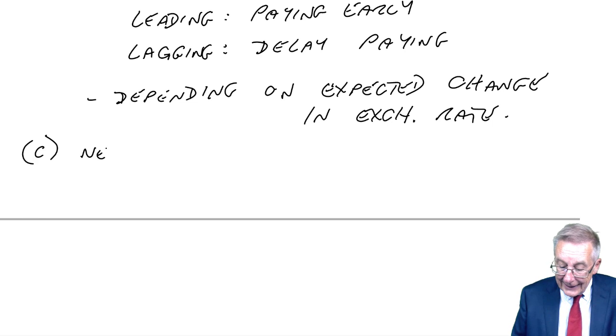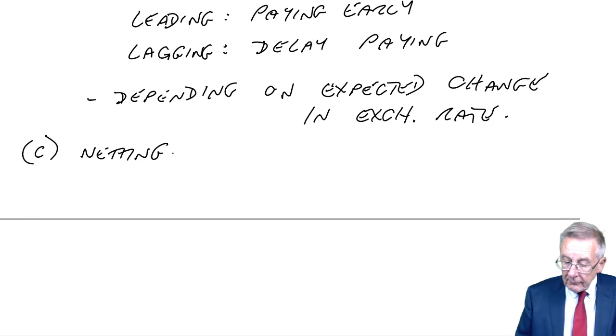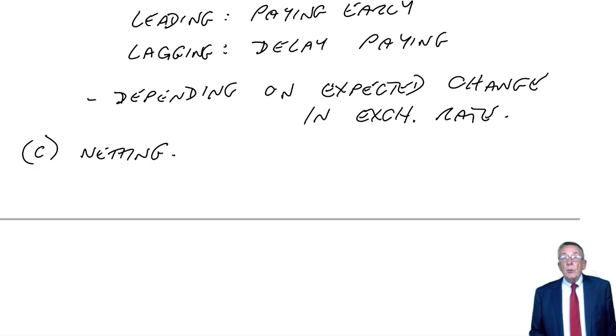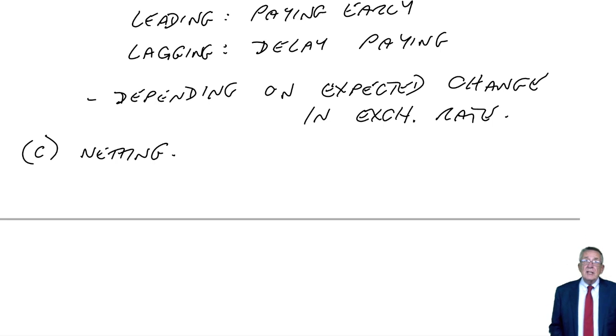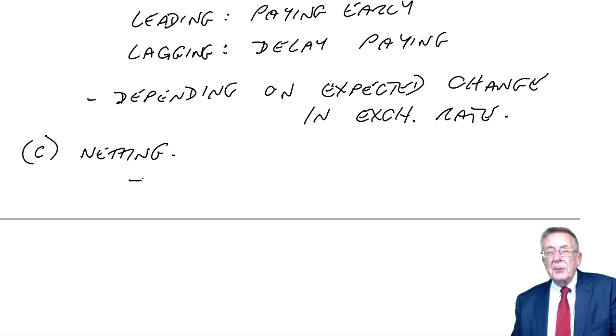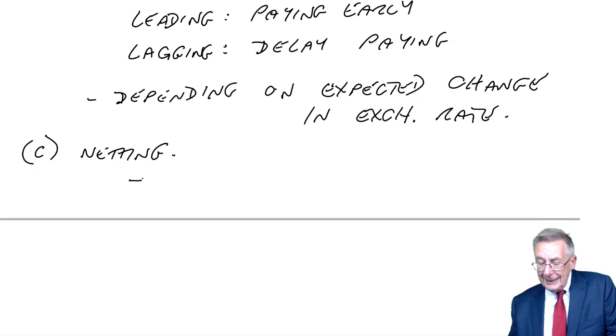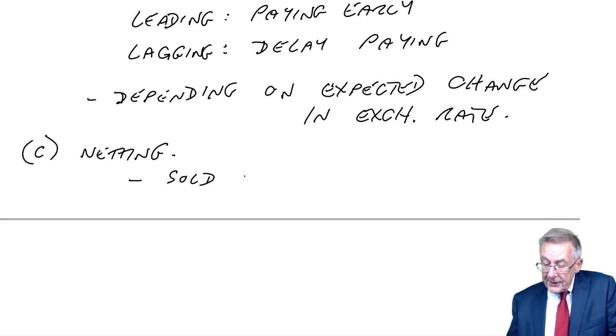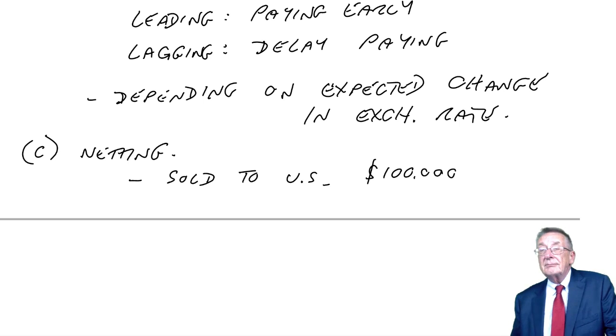C is netting. What netting is, and this could be relevant in numbers, you'll see later, but it's very, very obvious. Netting is a very obvious thing. Suppose I told you that we've sold goods to a customer in the US for $100,000.